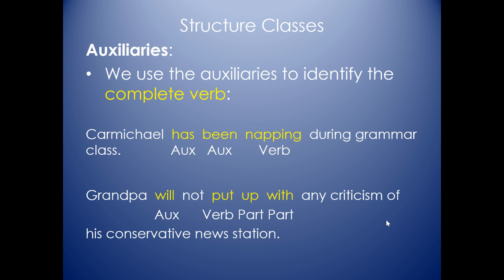If I said Grandpa will not put up with any criticism of his conservative news station, well, put is the verb. The particles up and with create a phrasal verb, and the auxiliary will is sitting in front of it. So will put up with is the whole complete verb. You notice I didn't touch the word not. Not's not on our list of auxiliaries. Not's not a helping verb. And so it's not part of that verb at all.